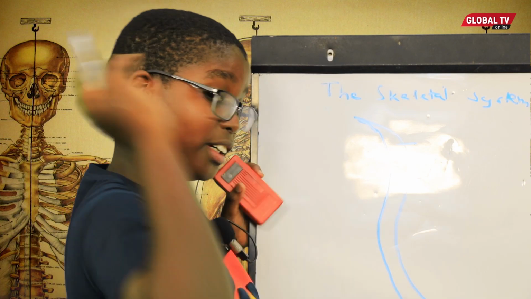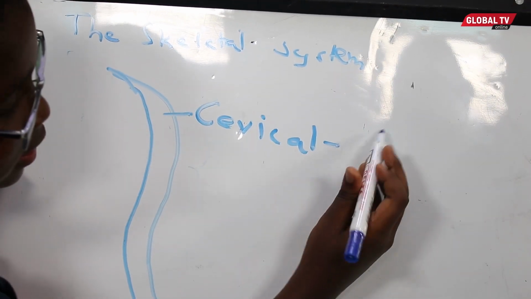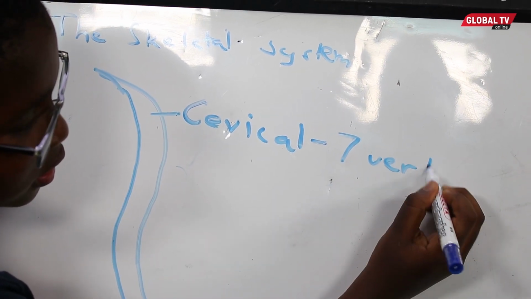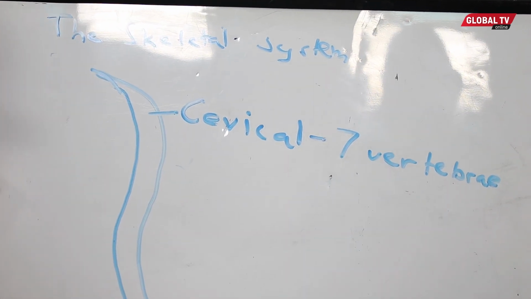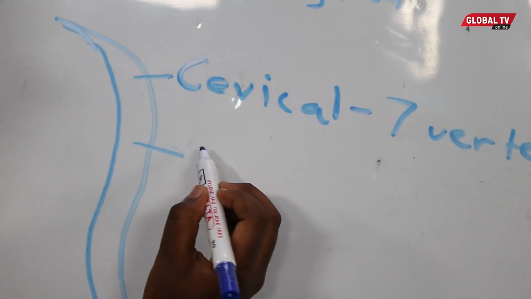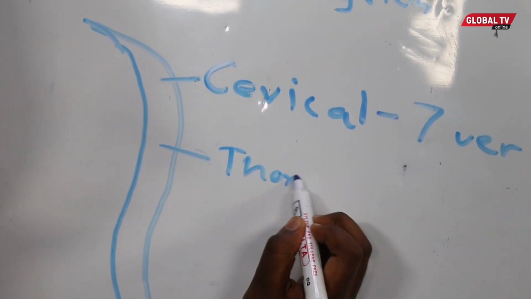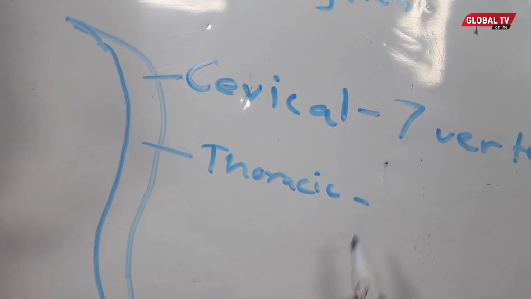Here at the top, in the neck, we have the cervical. This cervical region consists of 7 vertebral bones. Then we come to the thoracic region.